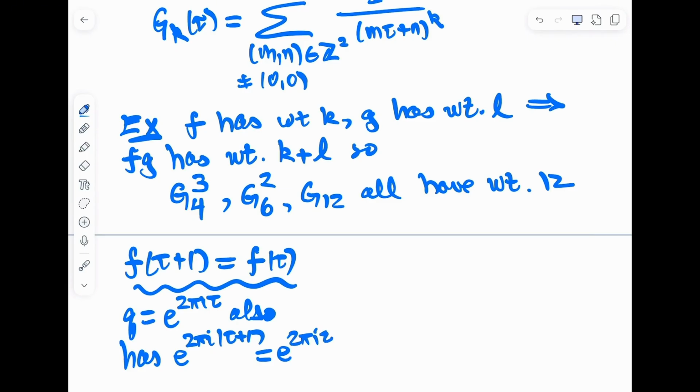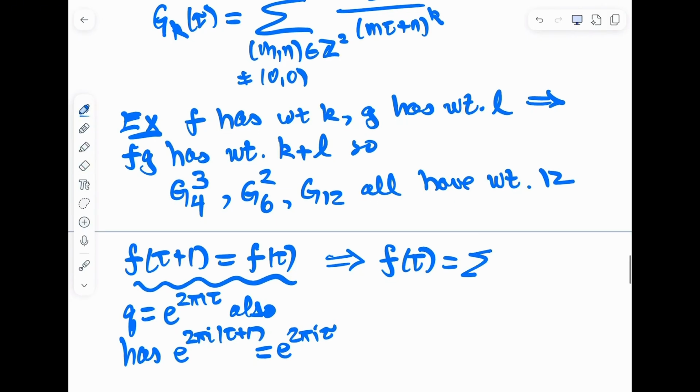That's just because e to the 2 pi i is 1. So when you have a holomorphic function on the upper half plane that's periodic with period 1, it must be a power series, strictly speaking, a Laurent series, in this basic example, e to the 2 pi i tau.